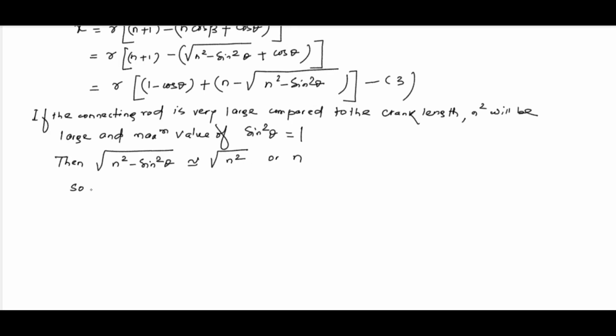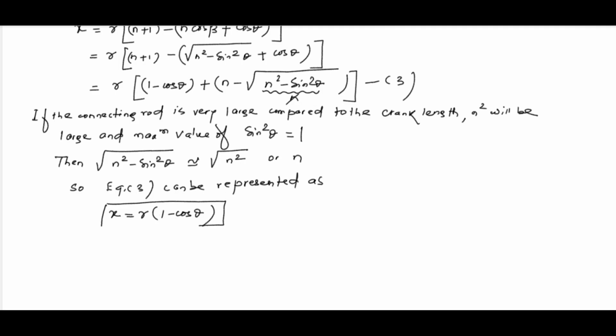So equation 3 can be represented as X equal to r into (1 minus cos theta plus n minus n), because the n terms will get cancelled out. So finally we will have X equal to r into (1 minus cos theta). Okay, let's say this is equation 4.